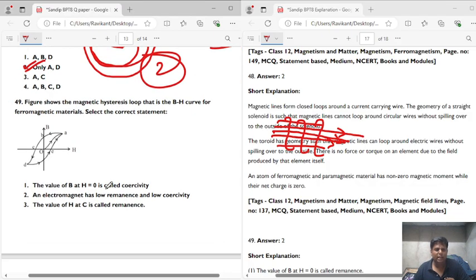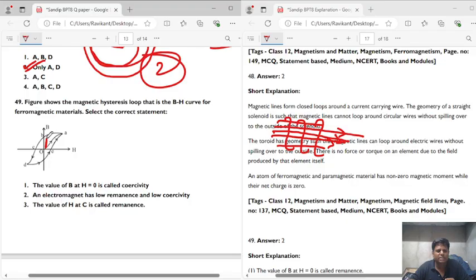Question number 49. They are given a hysteresis loop. The figure shows the magnetic hysteresis loop, that is the BH curve, of a ferromagnetic material. Select the correct statement. The first statement says the value of B at H equals 0 is called coercivity. No, it's not coercivity. B at H equals 0 is known as remanence.